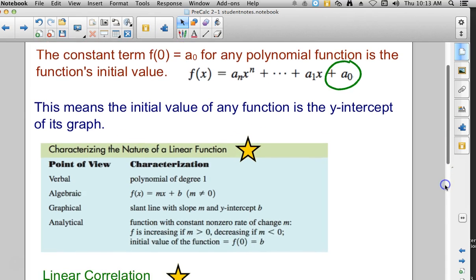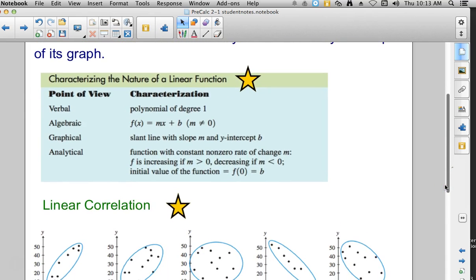So, characterizing the nature of a linear function. If we're talking about the verbal, what we want to do is make sure we have a polynomial of degree 1. That's x to the first, nothing higher than that. Algebraic: f of x or y equals mx plus b, where m is not 0, non-zero slope. Graphical: we have a slant line with a slope of m and a y-intercept of b.